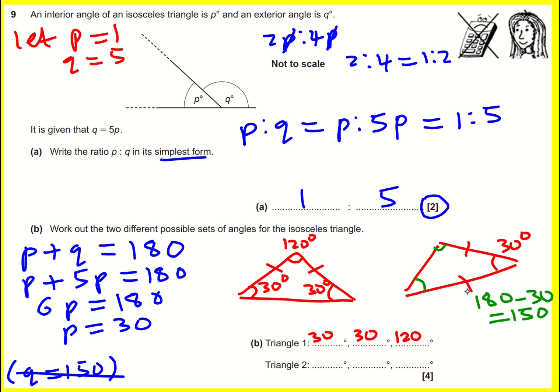So I know that the two of them add to 150, but they are the same. So I divide it by 2, and they're going to be 75 each of them. That's going to give me 30 degrees, 75 degrees, and 75 degrees.